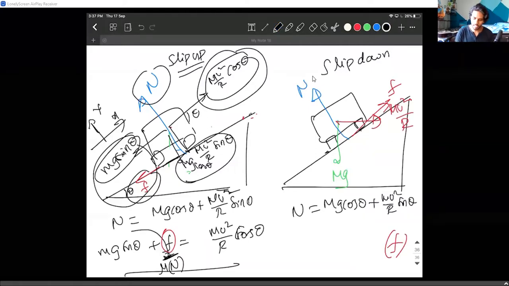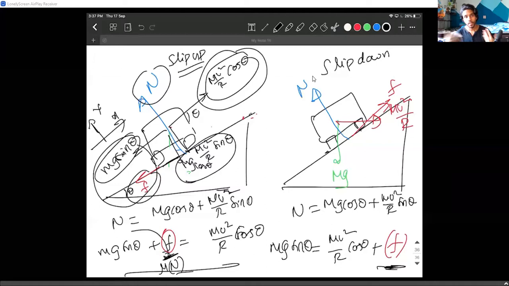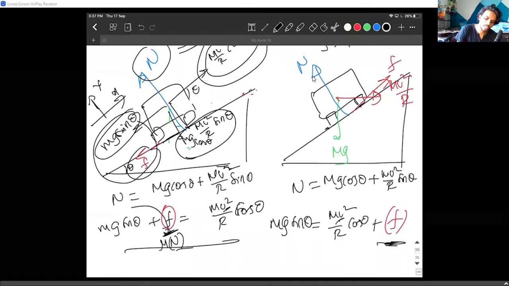And then this equation changes a little. Mg sine theta equals f plus mv square by r cos theta. You see that? Simply the friction is on the other side in this equation. That's the only difference. You solve the values of velocities, you will simply get them. No big deal. Okay. So that is the kind of problems from slip up and slip down cases.